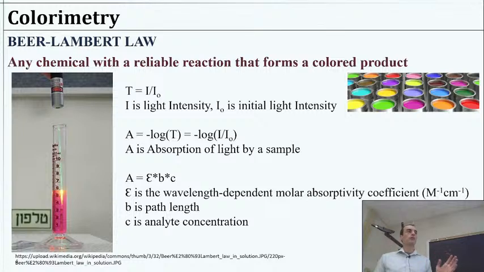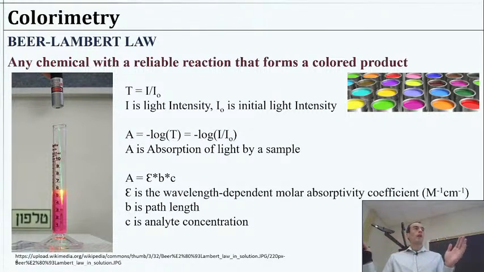If you have something transparent, this is exactly my water bottle case, and some distance it's traveling through that transparent material, and something is removing or changing a bit of that light in some way, we can measure that quantity of the stuff based on how much that light has changed.